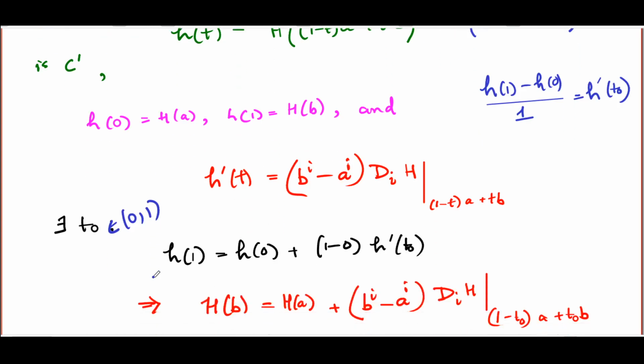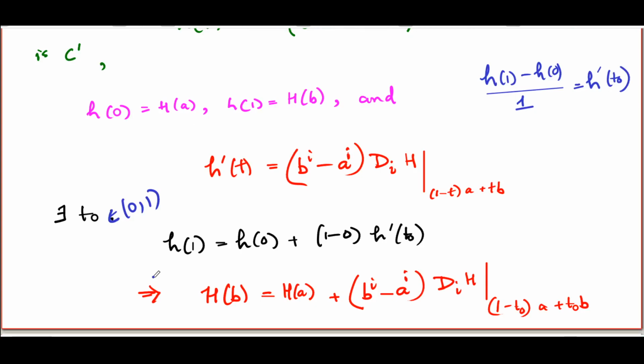And going back to the fact that small h1 and small h0 are actually capital H of B and capital H of A, what we find is capital H of B must be equal to capital H at A plus bi minus ai into diH evaluated at 1 minus t0 into A plus t0 into B.